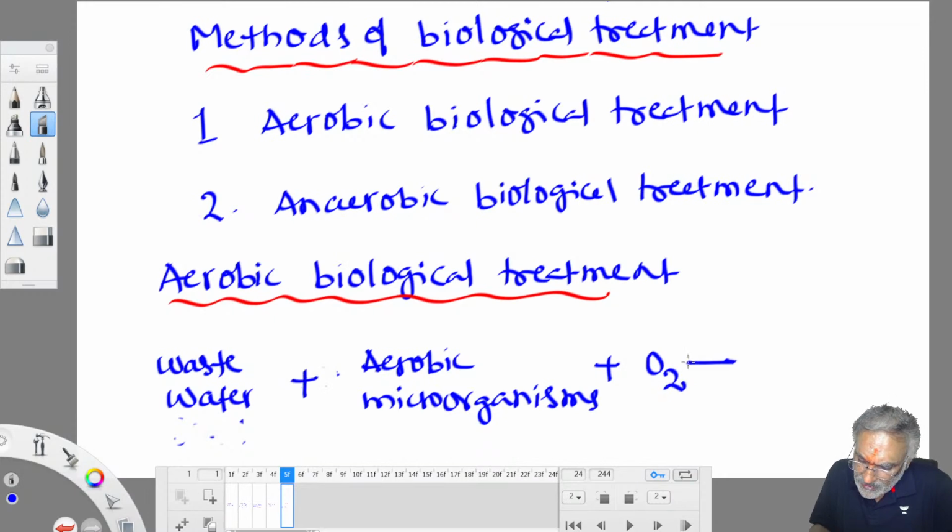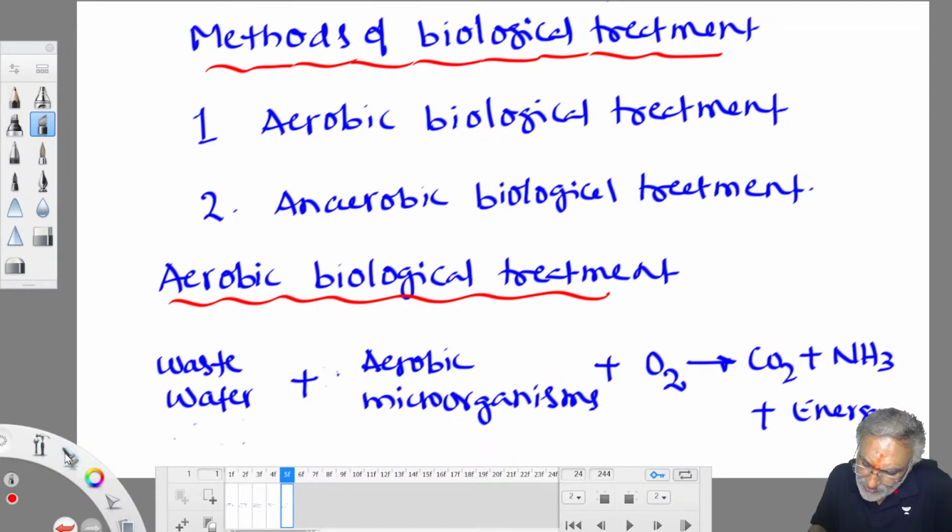Then the complex matter present in that wastewater is converted by the microorganisms into simple end products, carbon dioxide and ammonia, and they also derive energy. That energy they use for their growth. So these are simple and stable end products which are not objectionable to anybody.